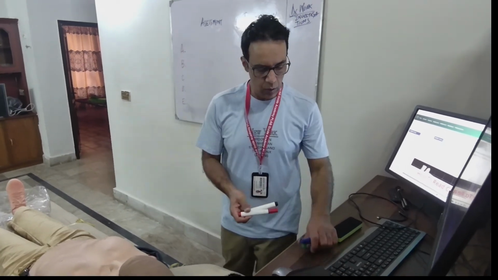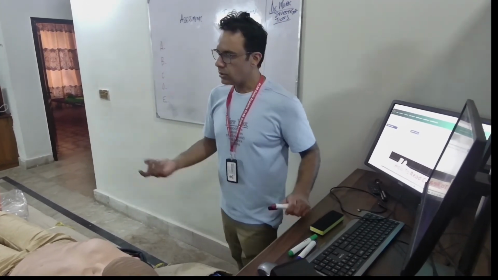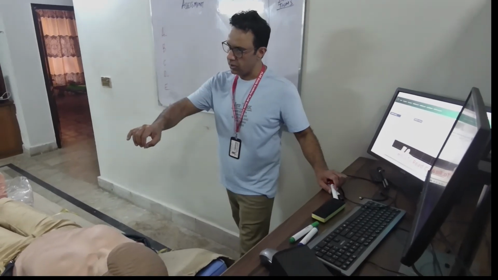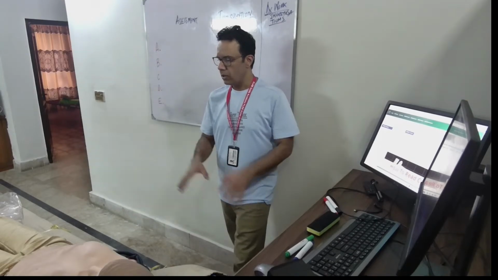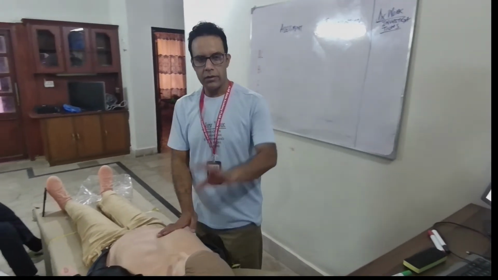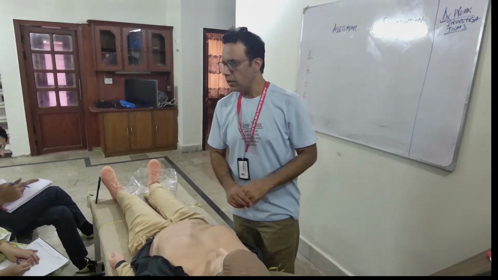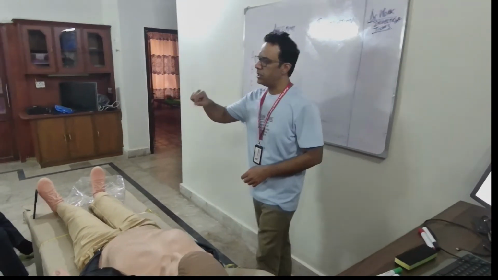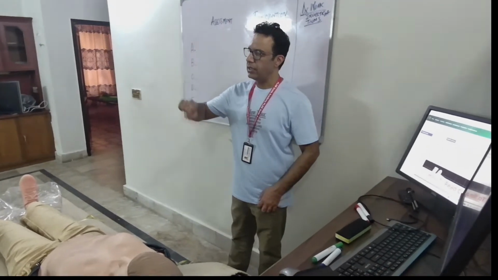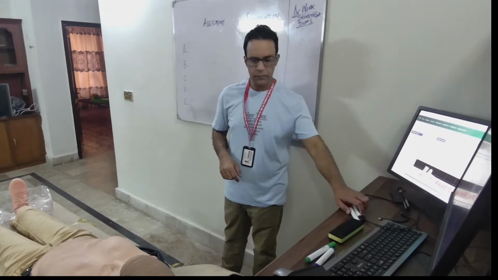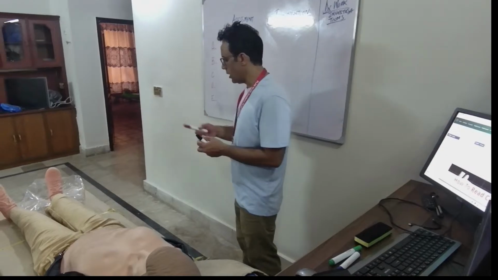Now when you go inside the cubicle, there is a patient and there is a monitor on the side. We need to follow A, B, C, D, E on the patient. So what did we tell you?